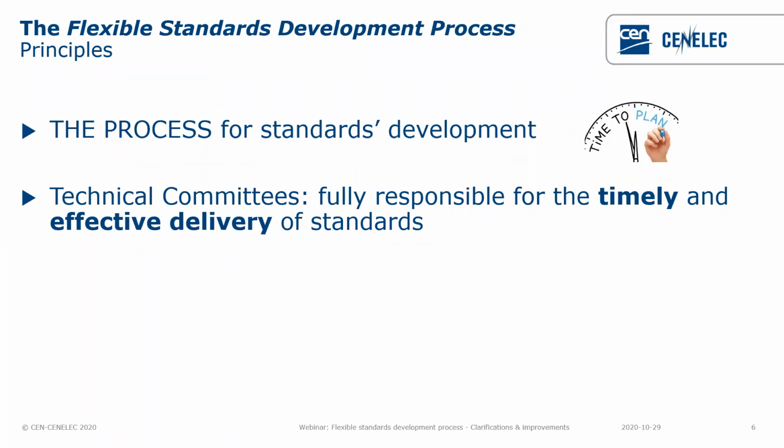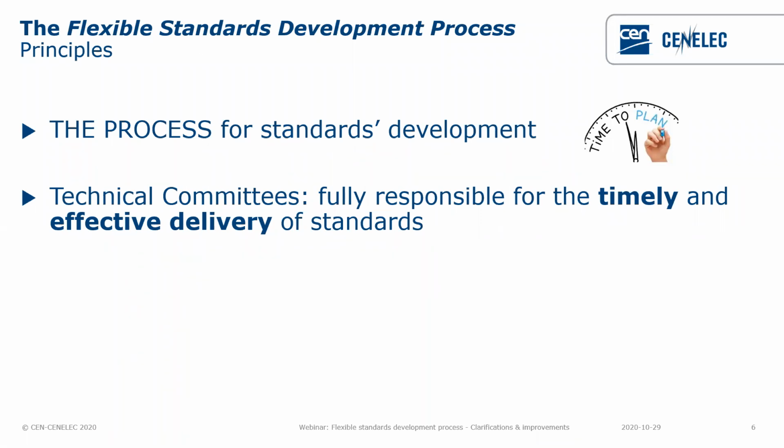So first of all, we refer to the flexible process as a process that is giving flexibility to the standards development. It's important that we all are very aware of the fact that this is the only process from the 1st April 2020 for the development of EN.